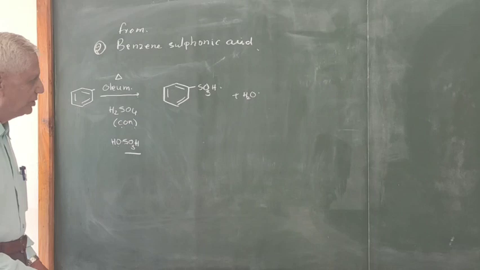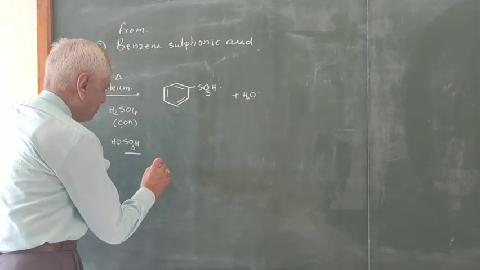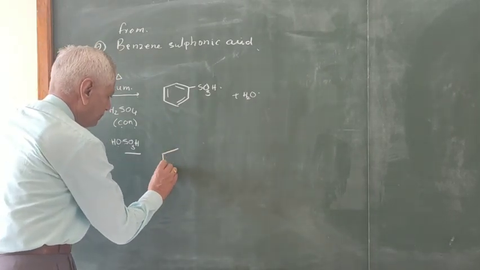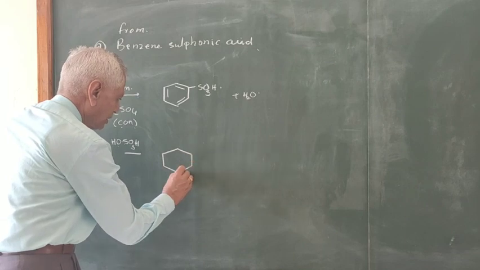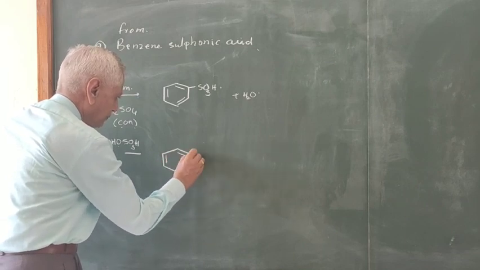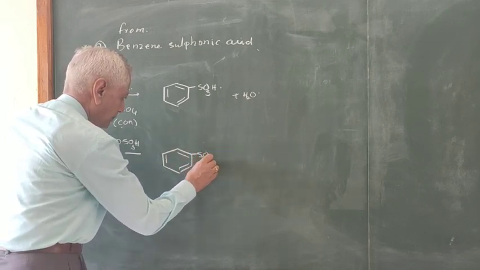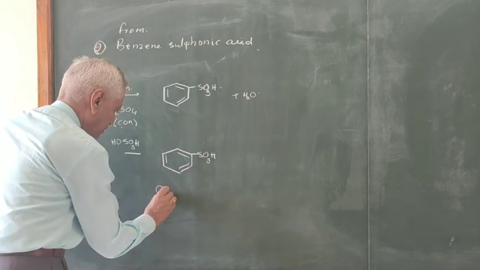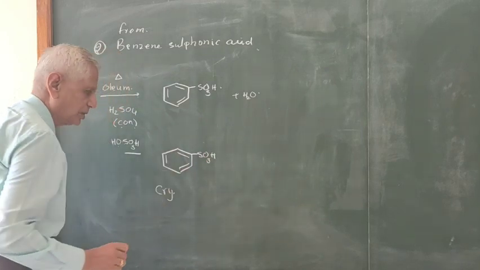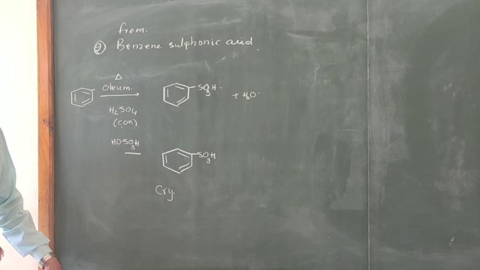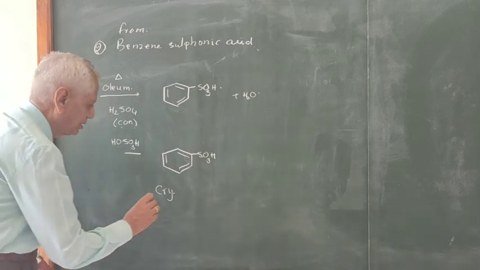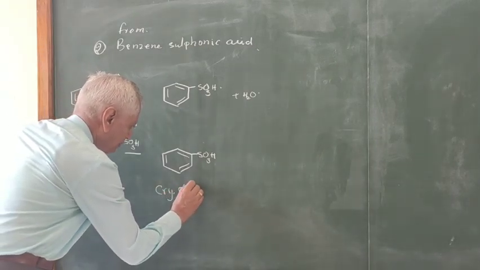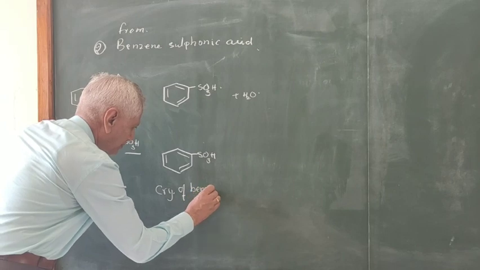From this, the crystals of benzene sulfonic acid are taken. You will not take the solution, but solid crystals. Crystals of benzene sulfonic acid.